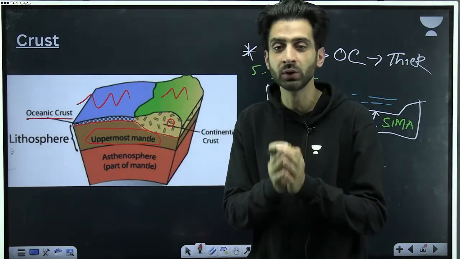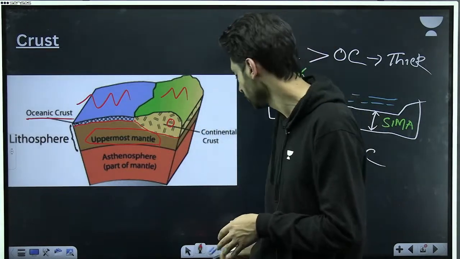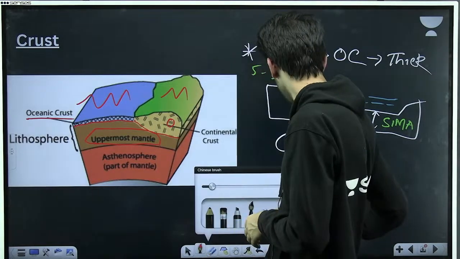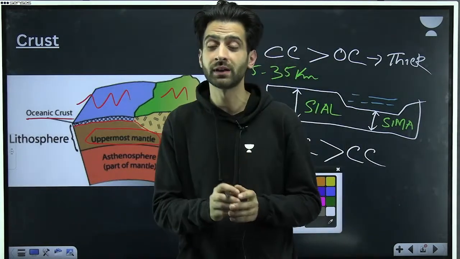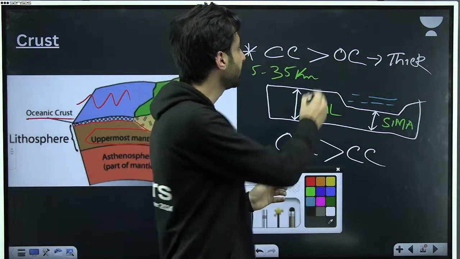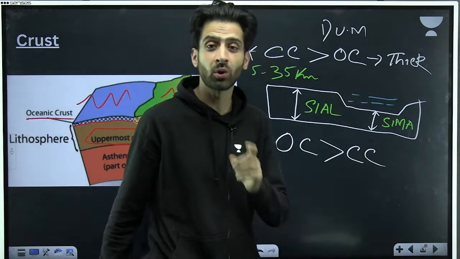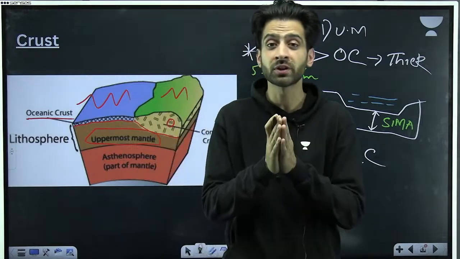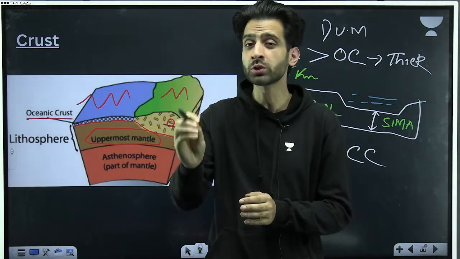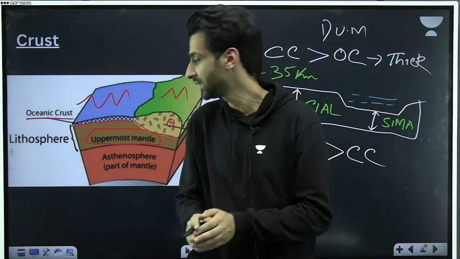You might get confused in the exam if the question asks what the lithosphere is made of, and in the options it's mentioned it's made of the entire upper mantle, then that is not correct. It is made up of crust and the uppermost part of the mantle, not the entire mantle.